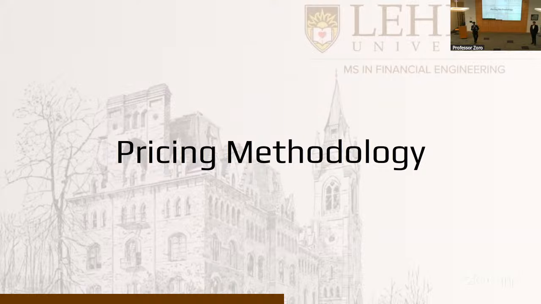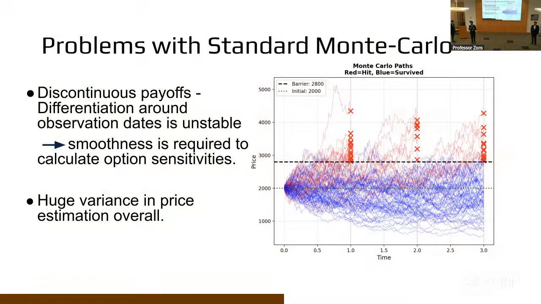So, as Edgar had talked about the financial structure of these products, why are they so hard to price? We can use a standard practice of Monte Carlo approach, but the problem with the standard Monte Carlo approach is we have this discontinuous payoff path. As you can see in the structure of our product, we have these observation dates, and at each observation date, your payoff path cuts off.